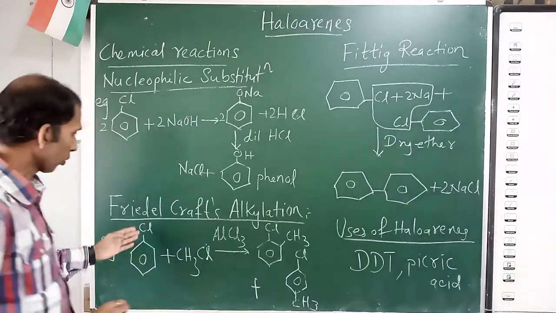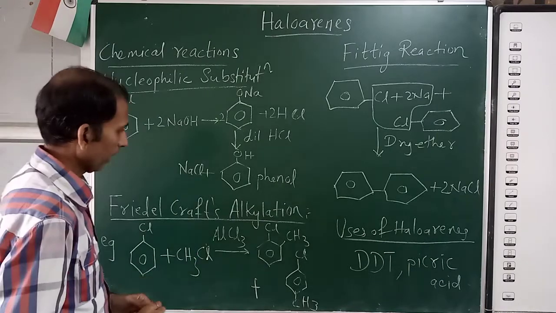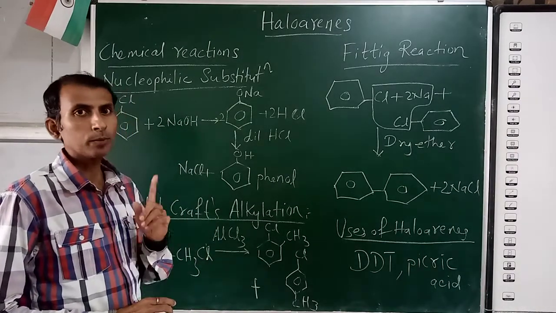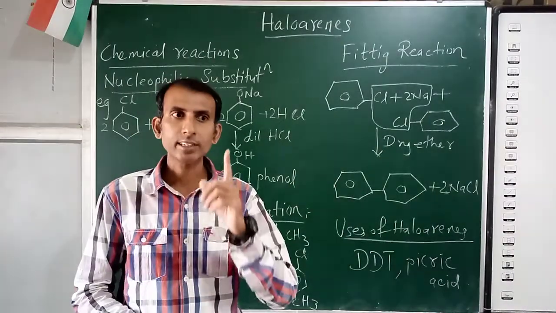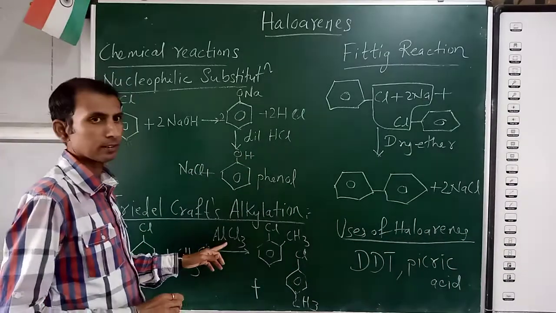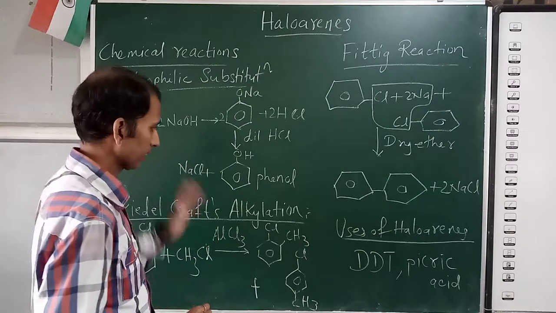So you take chlorobenzene once again, treat with methyl chloride, and very important, you have to write here the catalyst, anhydrous aluminum chloride. Otherwise you will lose marks here. So compulsorily write this catalyst.